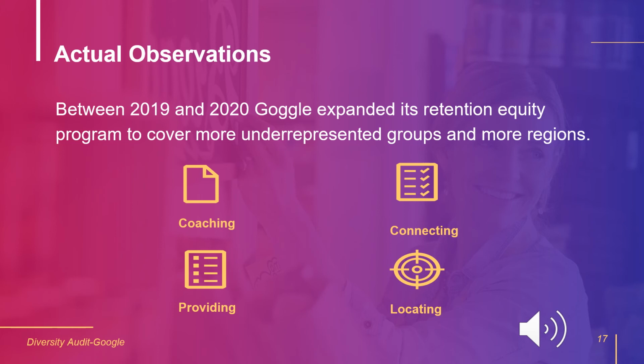Through a mix of coaching, connecting individuals with mentors and sponsors, locating internal mobility opportunities, and providing emotional support, they retained 84% of employees who went through the program. Google also outlined a set of promises to improve the company's racial equity and inclusion, which will include training on racial consciousness for all employees and boosting diversity among leadership.